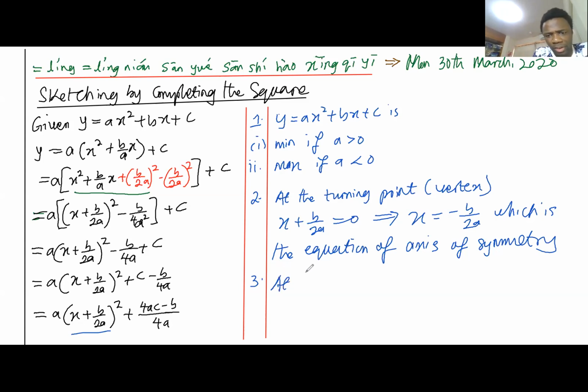At the vertex, y is equal to 4ac minus b squared over 4a, because that's when x is equal to negative b over 2a. When x is negative b over 2a, this little bracket is 0, so y is just this left.